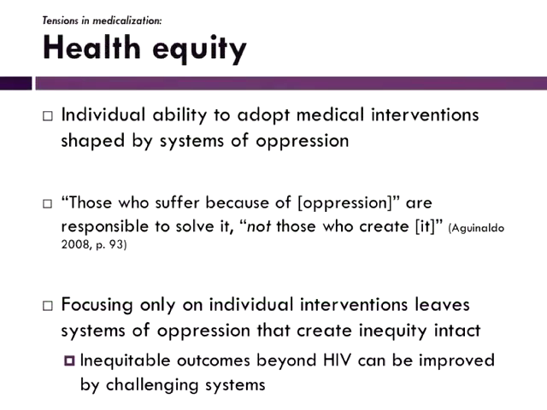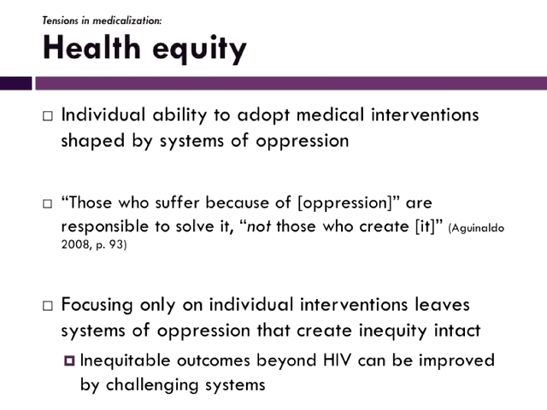And I also really like this quote because just as it's important to recognize that health and wellness are patterned along these lines of oppression, so is access to these individual level interventions that a lot of public health work keeps talking about as being the most important thing. Like I've just said, the ability of individuals to adopt medical interventions is very much shaped by systemic and structural factors.